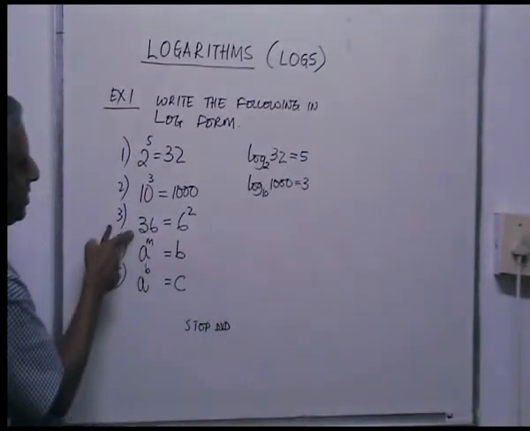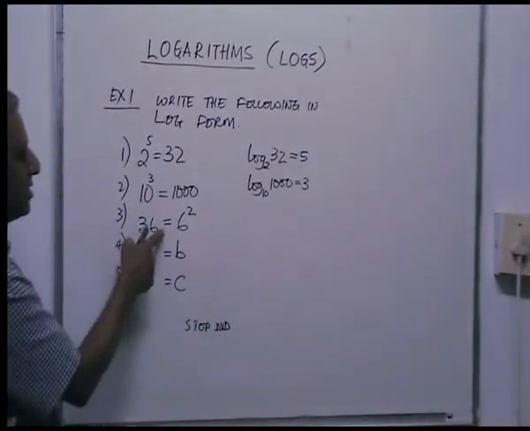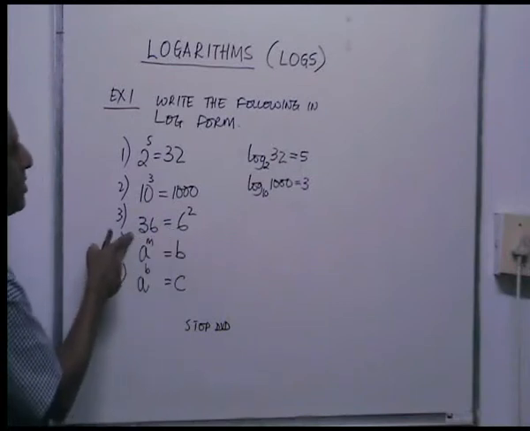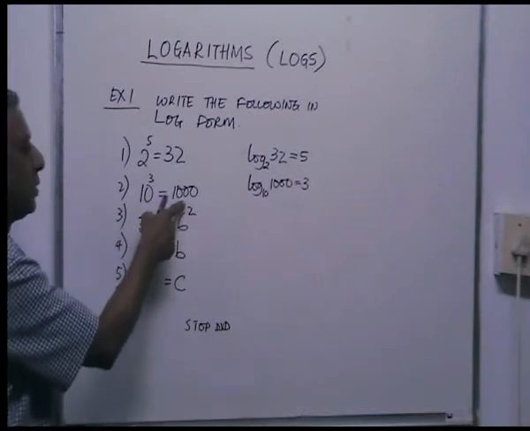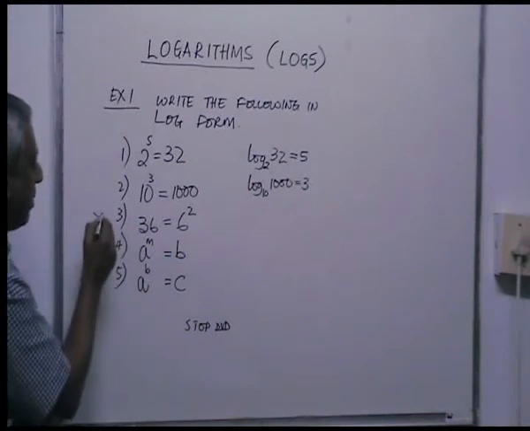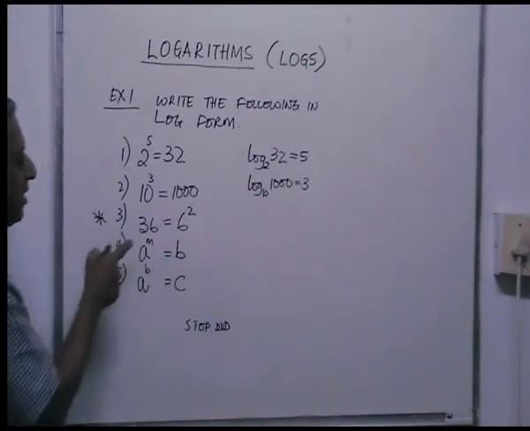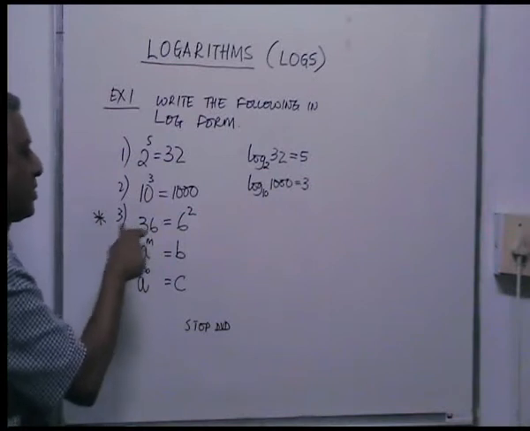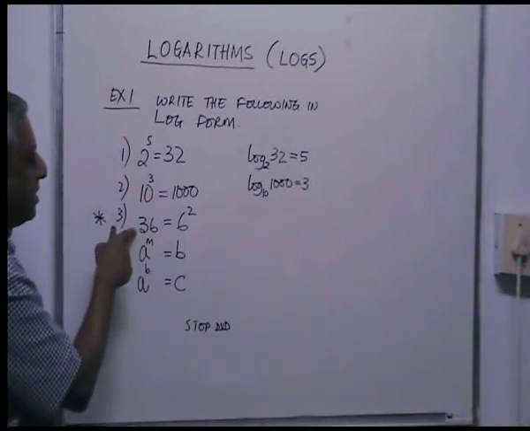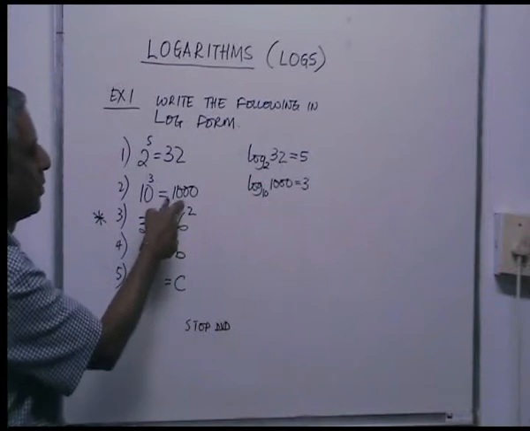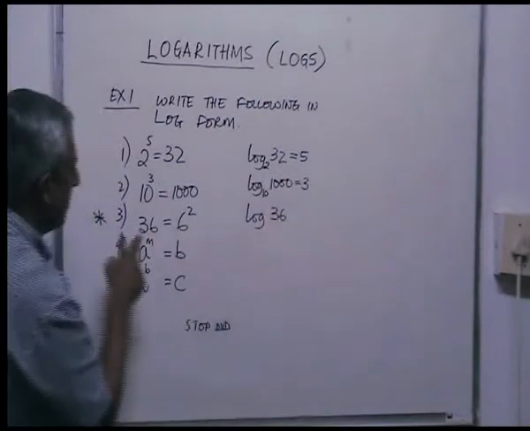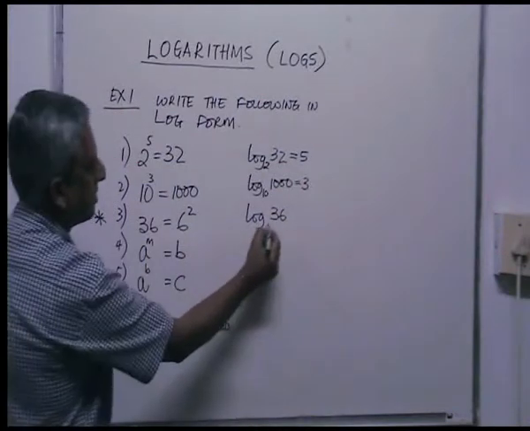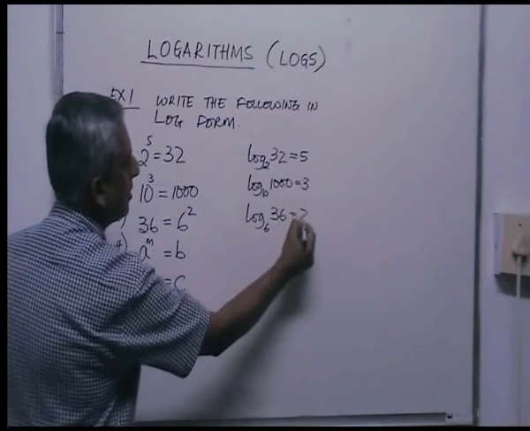Number 3. Now, in this question, we just wrote it the other way. 36 is equal to 6 squared, which you agree is correct. So 36 is the number. So the log of 36 to the base 6 is equal to 2. In fact, if you write all your questions like this, life becomes easier, because then you will write it as you speak: the log of 36 to the base 6 is equal to 2.